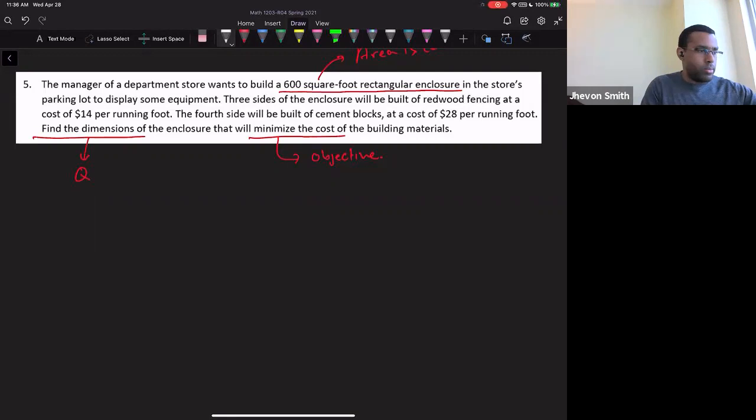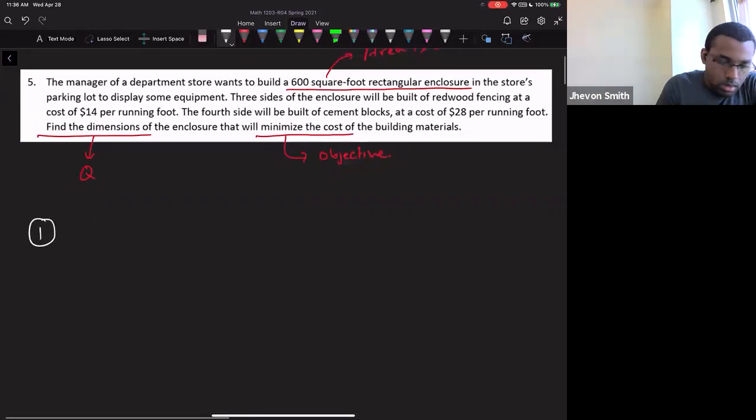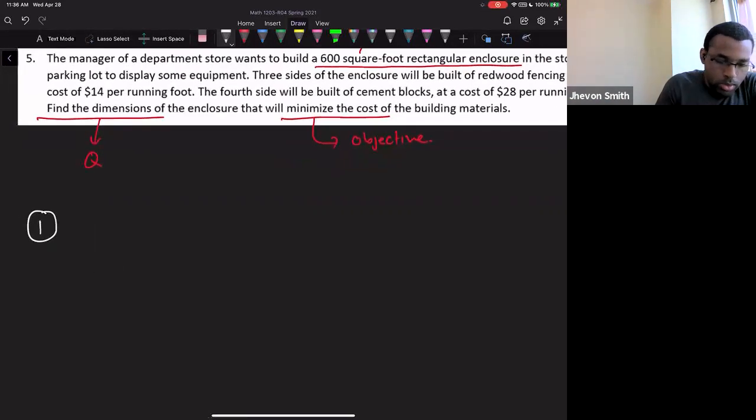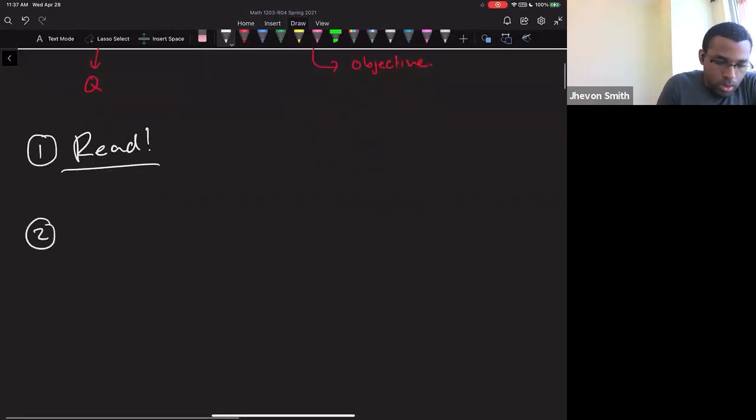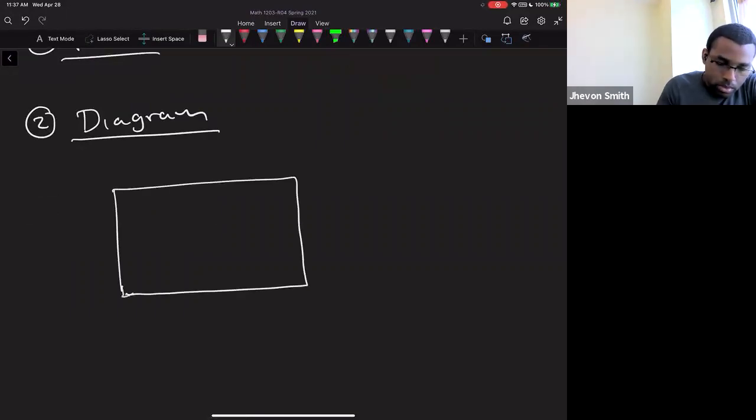My setup is kind of shifted here. Okay, let's do this. So step 1, we read. Step 2, diagram. The diagram here is of course a rectangle, but one of these sides is not like the others, right?